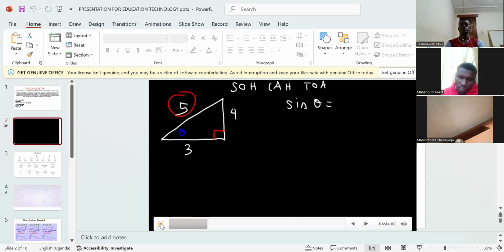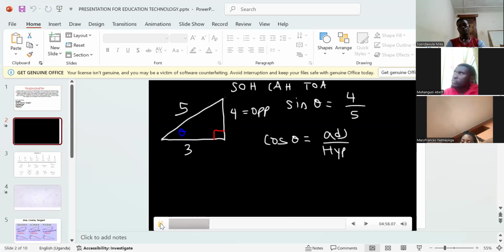So therefore sine theta is going to be 4 divided by 5. Now cosine theta is equal to the adjacent side divided by the hypotenuse. So we said 4 is the opposite side, 5 is the hypotenuse, and 3 is the adjacent side. So in this case, it's going to be 3 divided by 5. So that's the value of cosine.